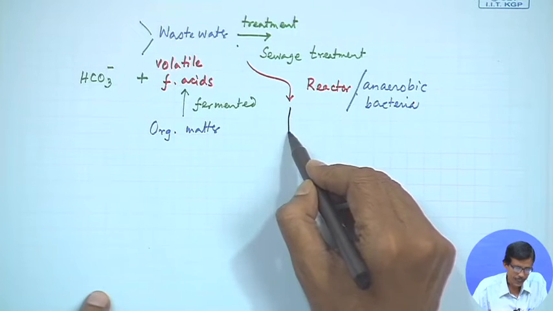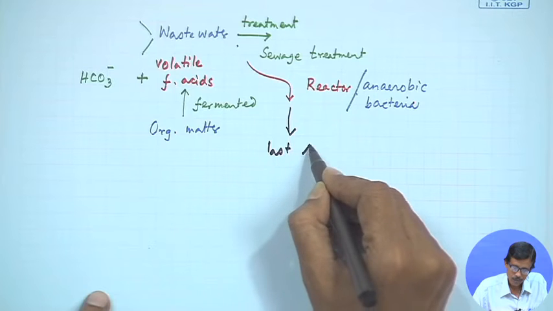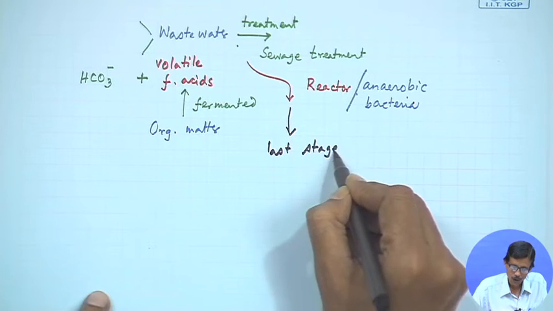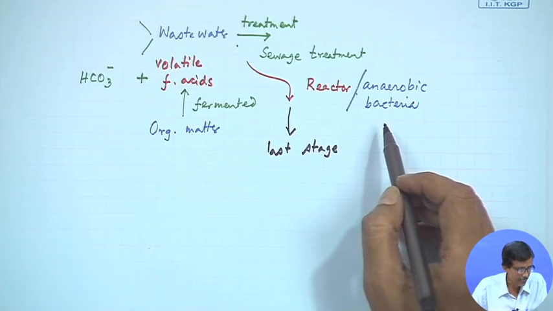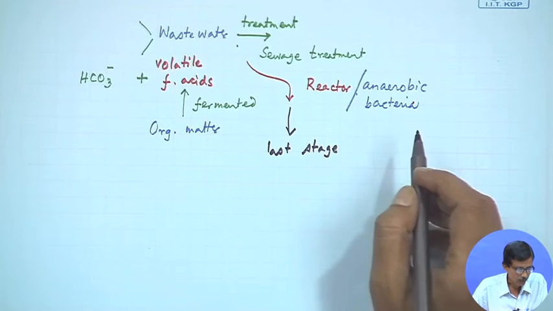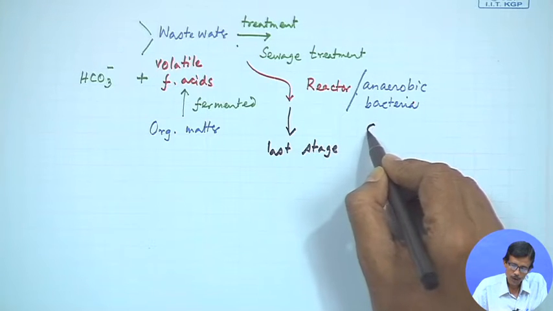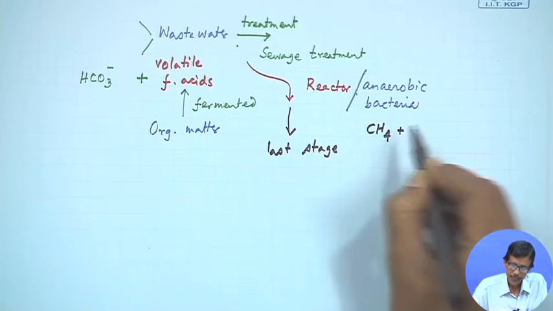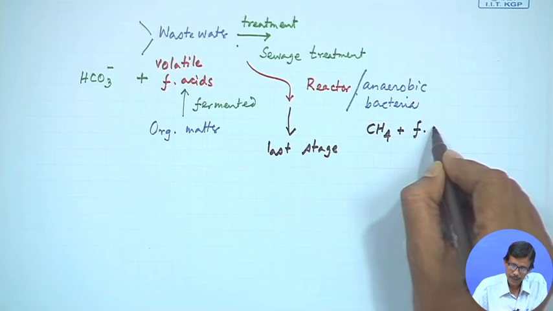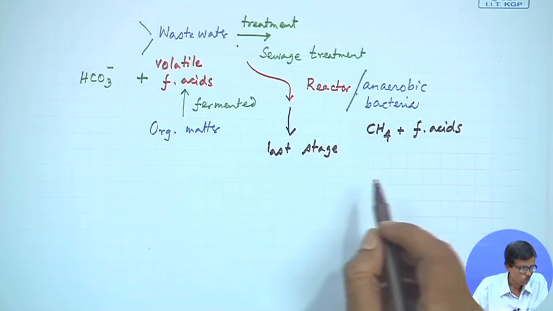So, during the last stage of this fermentation process and anaerobic bacterial degradation, at the end we will be looking for the production of methane and fatty acids.